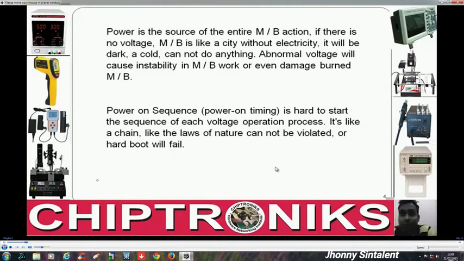It will be cold, it will be dark. Similarly, if you do not provide power to a notebook motherboard, it cannot do anything. Like in a city, when there is an overload or an underload, there is a fluctuation, and when there is an overload, electricity trips down. Similarly, in a notebook motherboard, abnormal voltages can damage components.